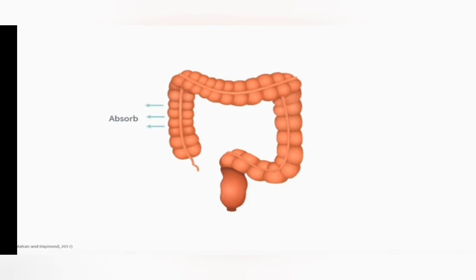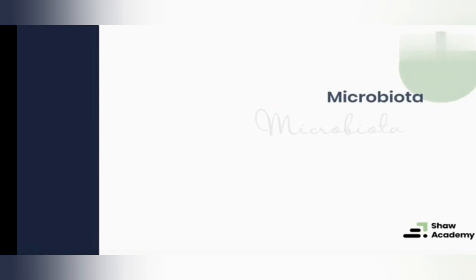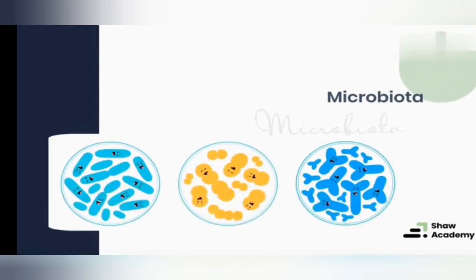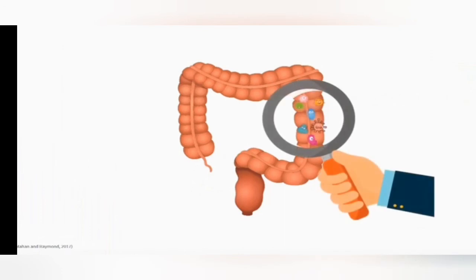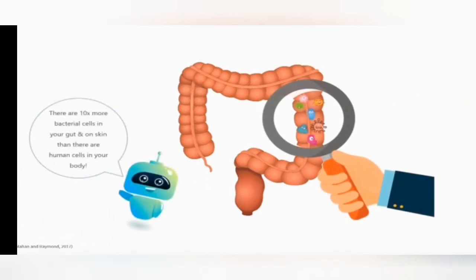In the ascending part of the colon there is absorption, and a lot of bacteria living in the ascending part and the descending part of the colon. They help to ferment or digest food.